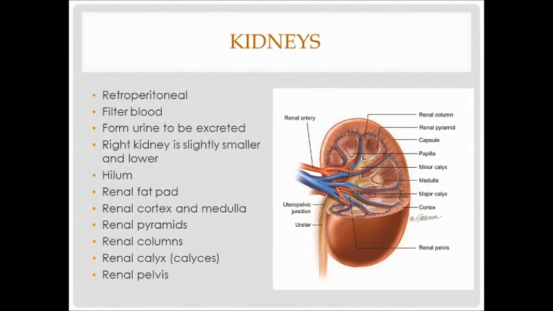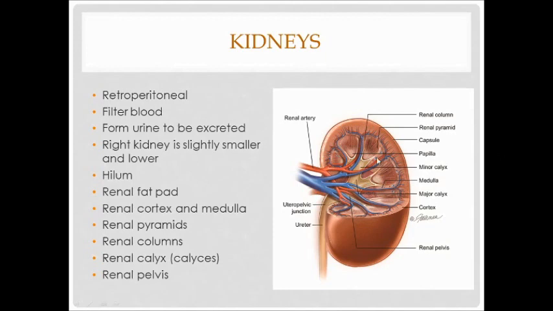The kidney also has two main parts, the cortex, which is the outer capsule, and the medulla, which is the inner portion. Inside the kidney, there are renal pyramids, which are these triangular looking structures, and renal columns.